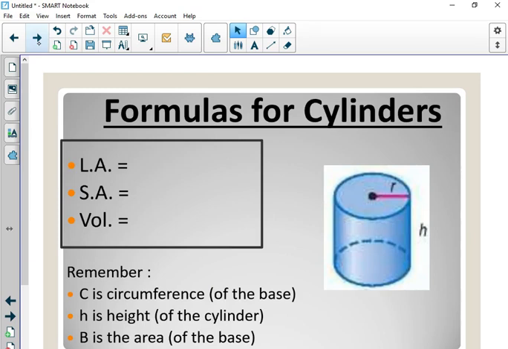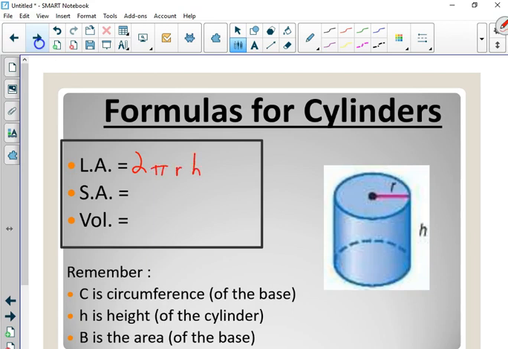All right, so formulas for cylinders. The lateral area is going to be 2 times pi times r times h. Remember, r is the radius, the distance from the center one way out to the edge.